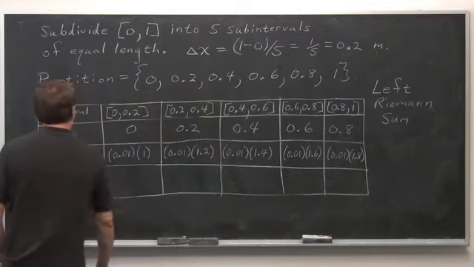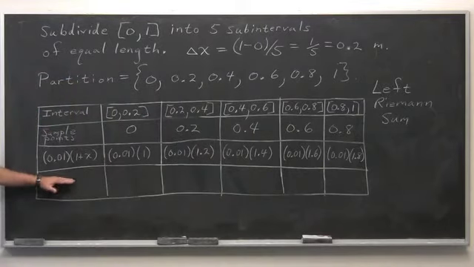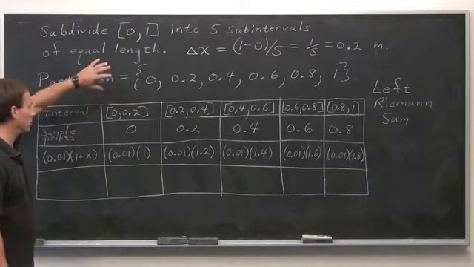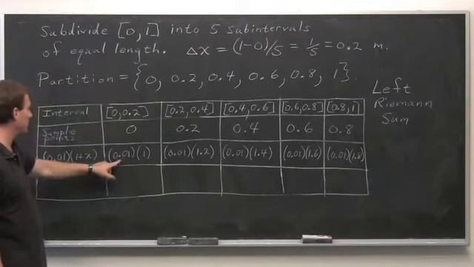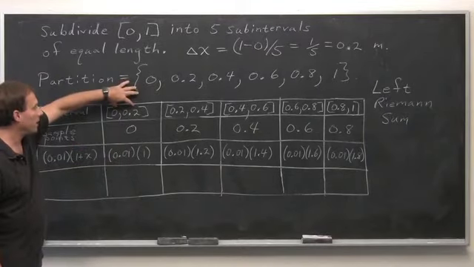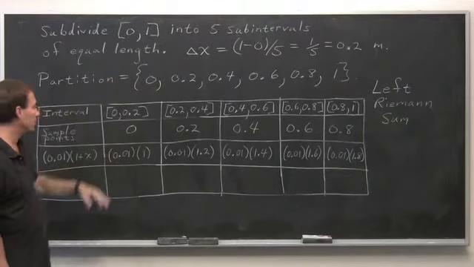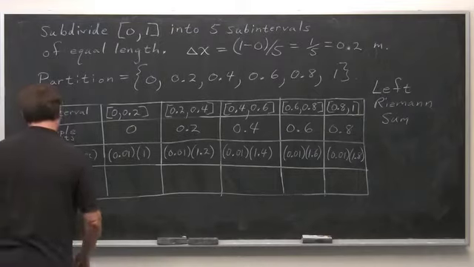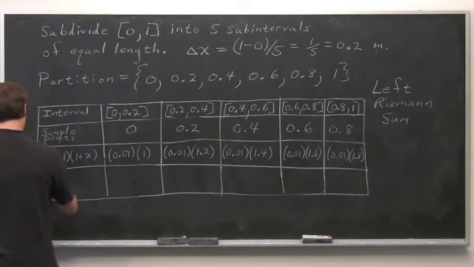Okay. Down here, what did we put in our table before? You put your little pieces of the Riemann sum. So you take this number and multiply times the width of the subinterval. And that's our approximation for the mass of each little piece.